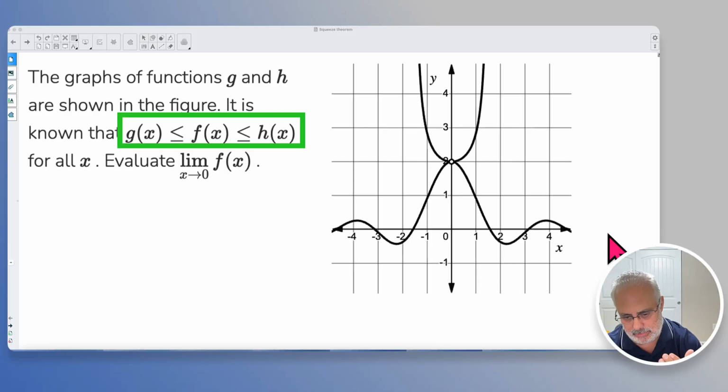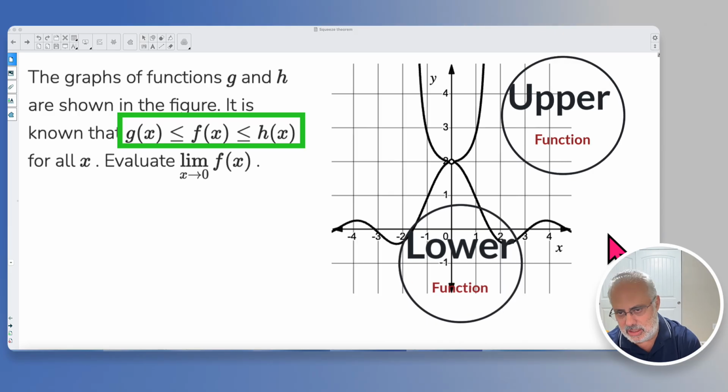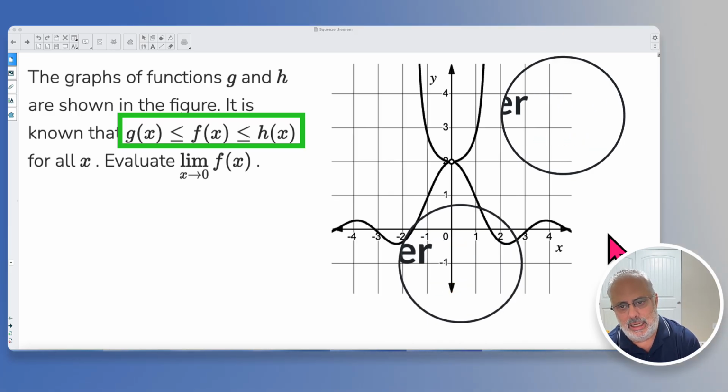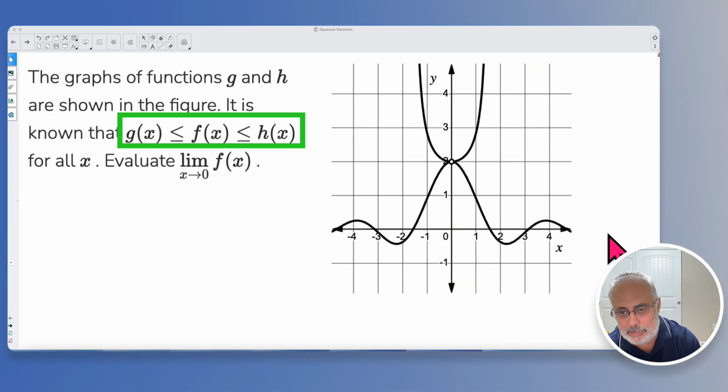This is what I was talking about: one upper function, one lower function. You can see it right there. And we are going to find the limit of a certain function f that is in between them when x approaches 0. I start with this representation to give you an idea of what I'm talking about.